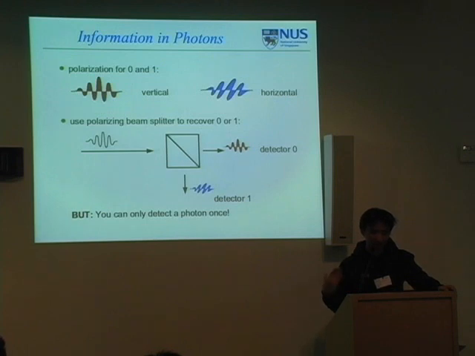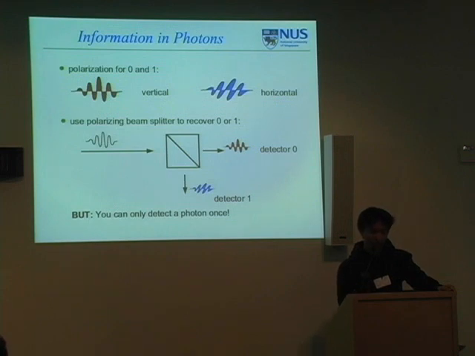Now, how do you read out the zeros and ones when it's based on photon polarization? You send the photon into something called a polarizing beam splitter, and it sorts out photons which are vertically polarized or horizontally polarized. In that way, you detect photons which are carrying the 0 bit or the 1 bit. Now, the key point is this.